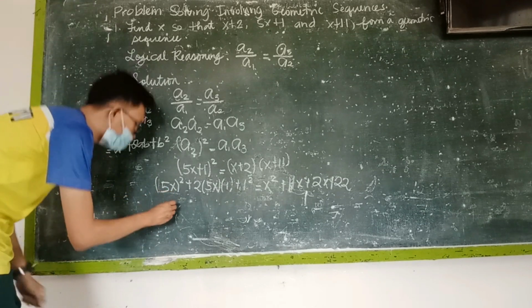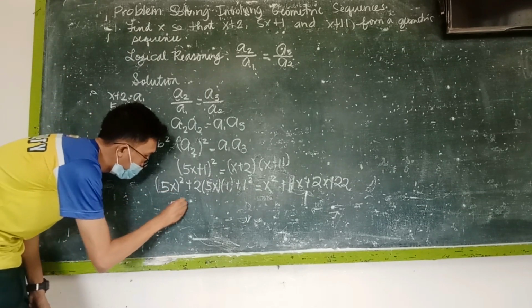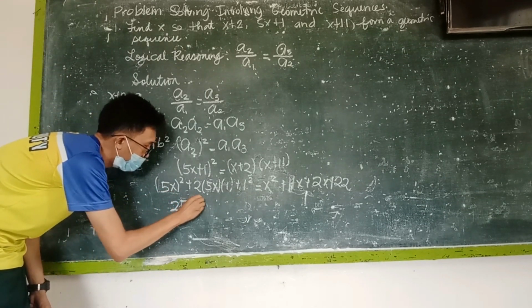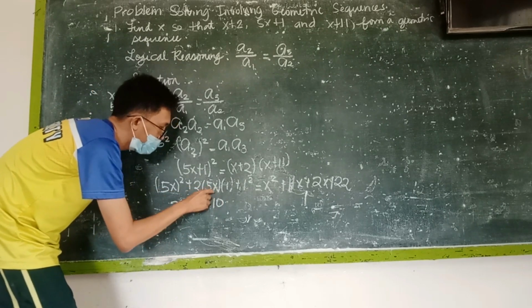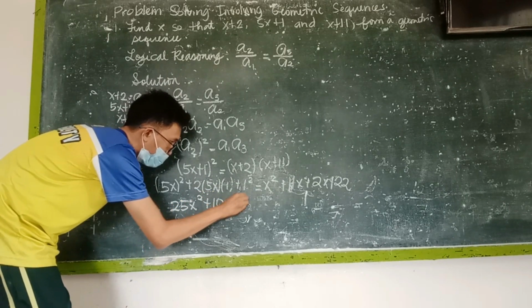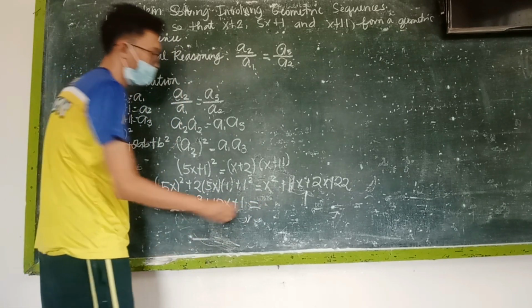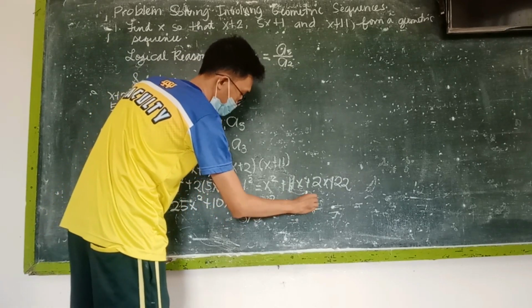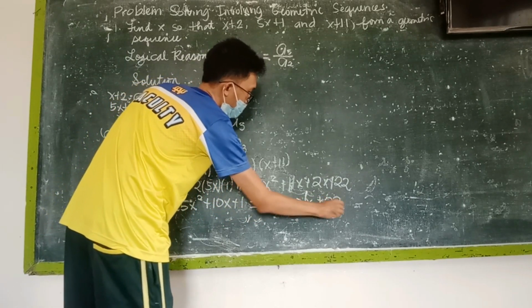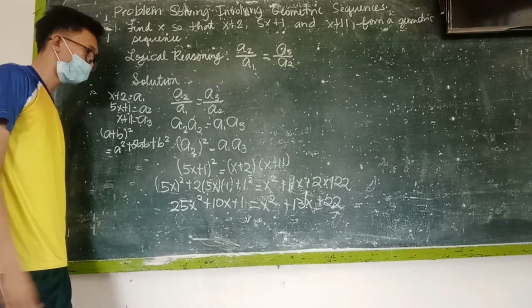So, isi-simplify natin ito, magiging 25x squared plus 2 times 5 is 10 times 1, so 10x plus 1 is equal to x squared plus 13x plus 22.